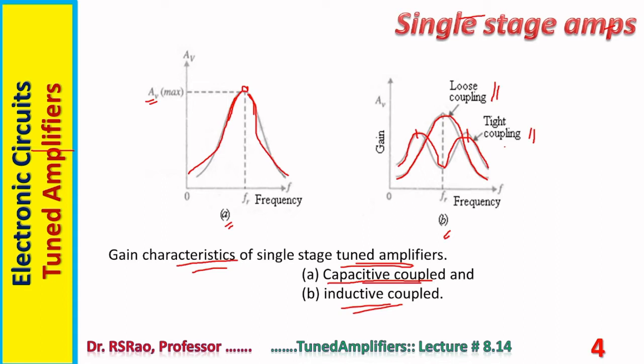Another aspect is the maximum gain available with loose coupling is large when compared to the maximum gain that is possible with tight coupling. These aspects need to be kept in mind if we want to understand the functioning of tuned amplifiers in a deeper manner.